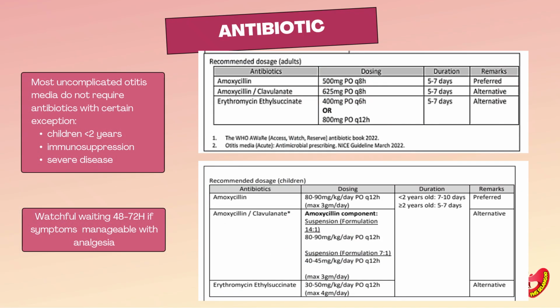Most uncomplicated otitis media do not require antibiotics, with exceptions for children under 2 years old, immunosuppressed individuals, or severe cases. Watchful waiting for 48 to 72 hours is recommended if symptoms can be managed with analgesia. A few antibiotics can be prescribed for both adults and pediatric patients, including amoxicillin, augmentin, or erythromycin.